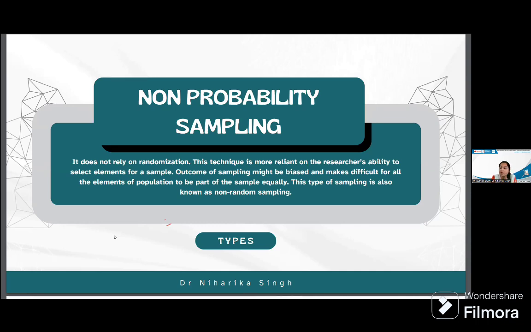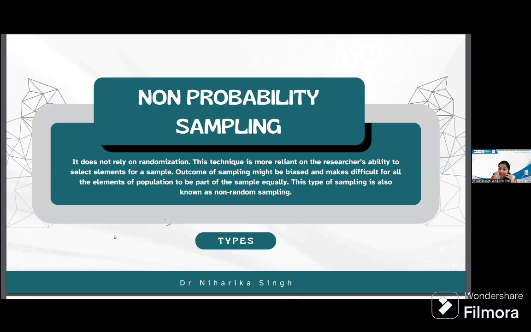It does not rely on randomization. It relies more on the researcher's ability to select elements for a sample. So, although you will find that in the sampling techniques in research papers published by good researchers, they employ non-probability sampling, they are accepted because of the kind of experience that the researchers have.